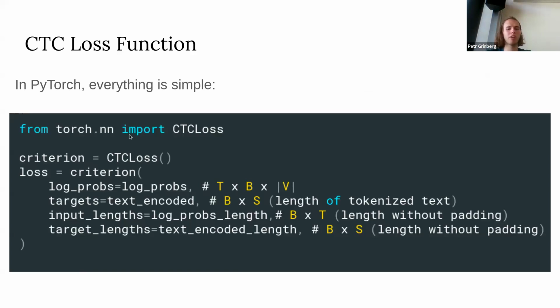You just import CTC loss from torch.nn, and you calculate your loss passing three or four variables. The first one is the predicted probabilities. So for each time frame in your batch, you predict the probability over the vocabulary. You pass the targets, which is encoded text, batch size multiplied by S, where S is the maximum length of tokenized text.